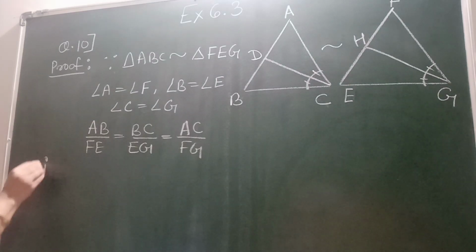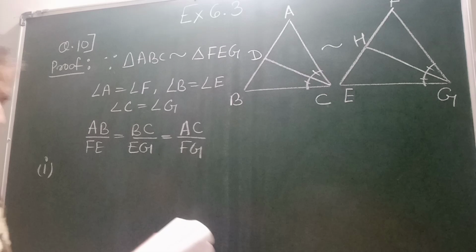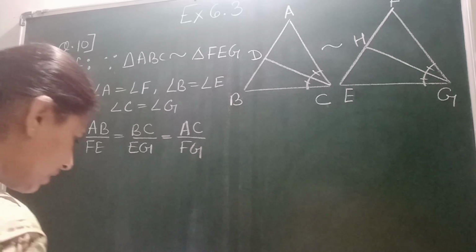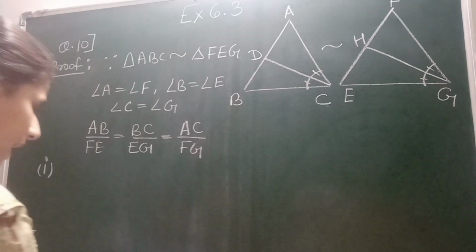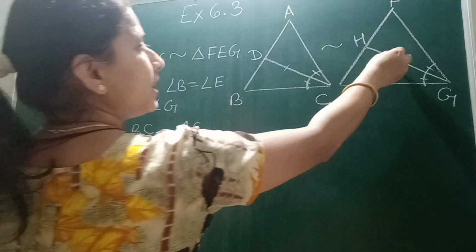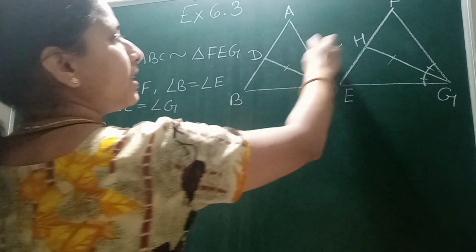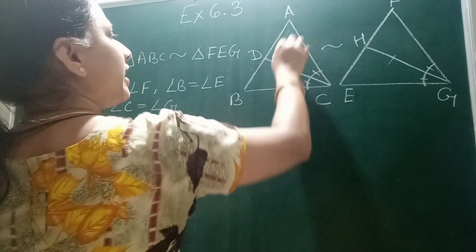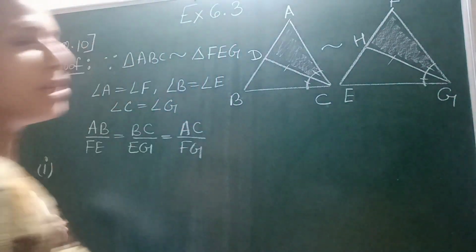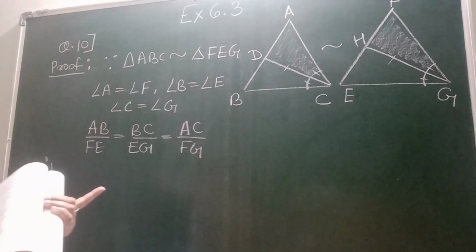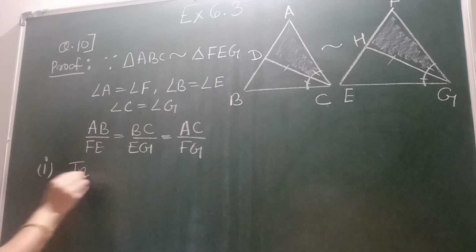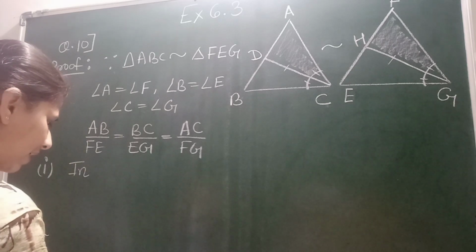Now we will start our proof number 1, in which we have to prove that CD upon GH equals AC upon FG. For that, CD upon GH means we want these sides, and then AC and FG. So we will take these two triangles, triangle ACD and triangle FGH, and prove both triangles are similar, so we can apply the definition of similarity.